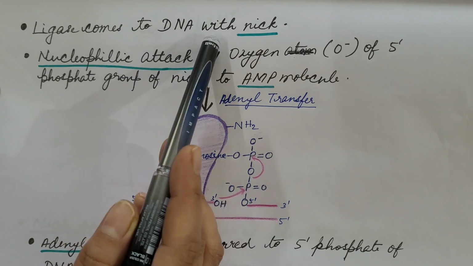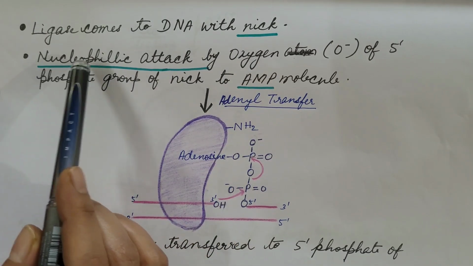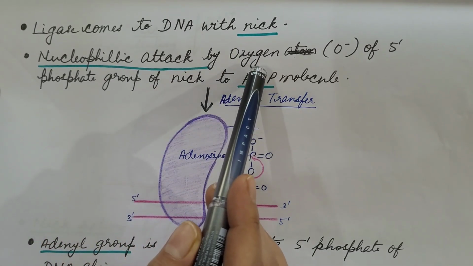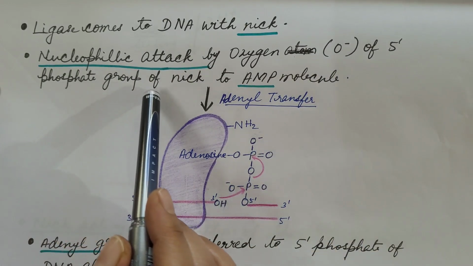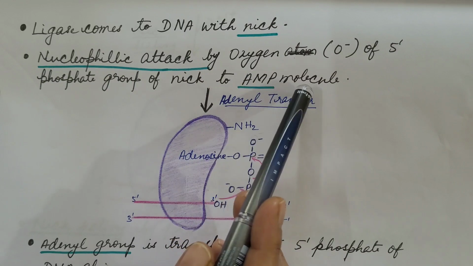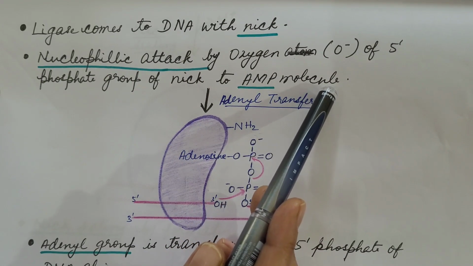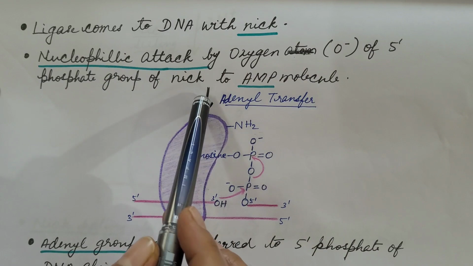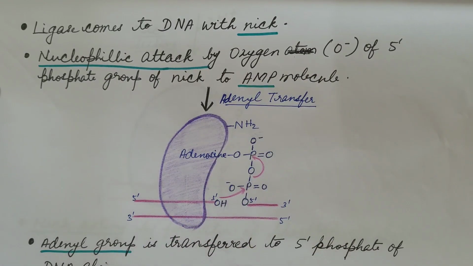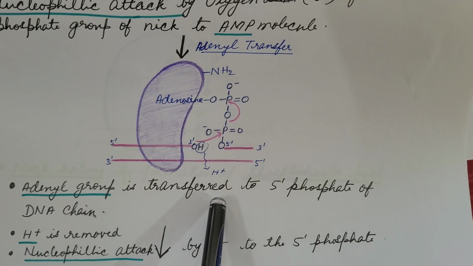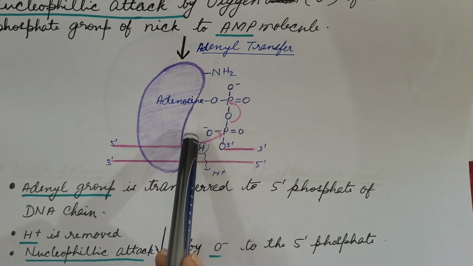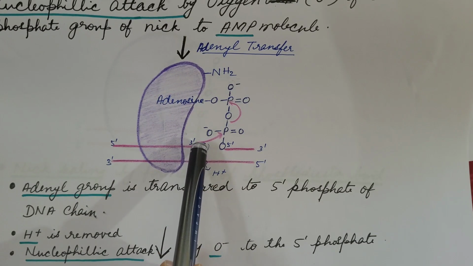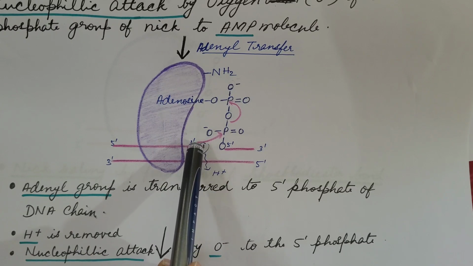So ligase comes to DNA with a nick, then the nucleophilic attack takes place by oxygen O minus, which is the nucleophile, of the 5' phosphate group of the nick to the AMP molecule. This is known as adenyl transfer. So the adenyl group is transferred to the 5' phosphate of the DNA chain. Then H plus is removed from the 3' OH group. Now the 3' end of the DNA chain has O minus, which is a nucleophile.